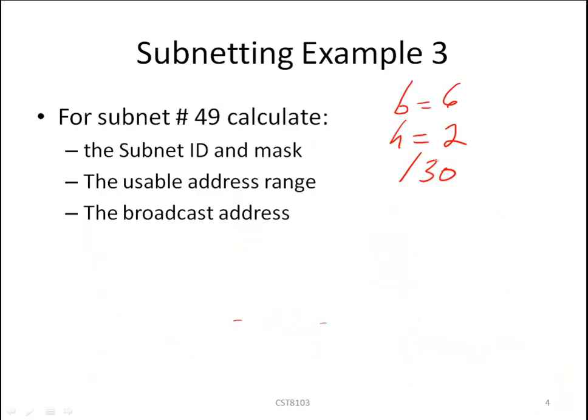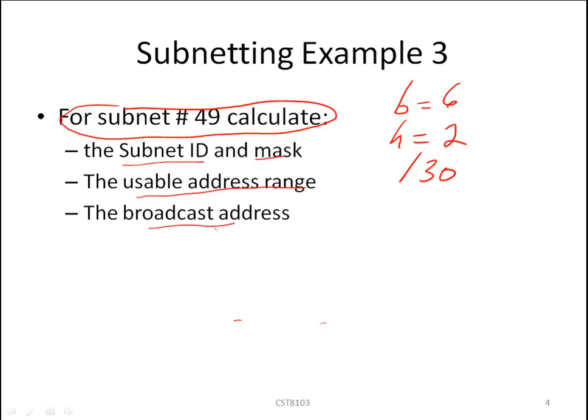Now in this question, for the address that we have just subnetted, we are being asked to calculate for subnet number 49 the subnet ID and the mask, the usable address range, and the broadcast address.